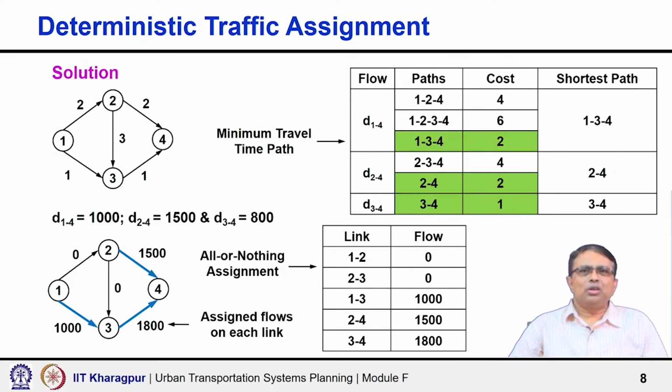Similarly, for 2 to 4 we know that there are 2 paths, one is 2 to 3 and 3 to 4 with the cost of 4, and then 2 to 4 directly with the cost of 2. So, obviously, 2 to 4 is the minimum, and 3 to 4 is just one connection.